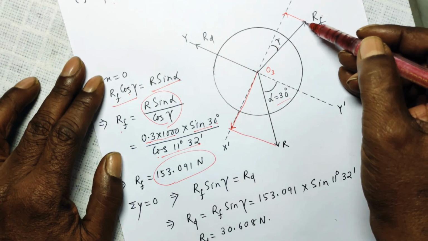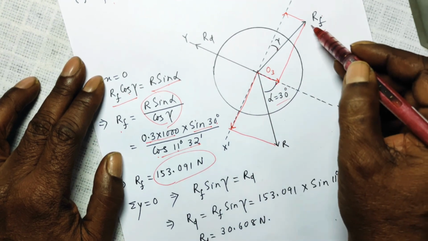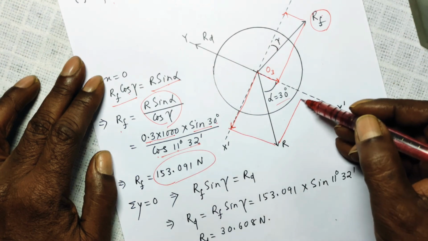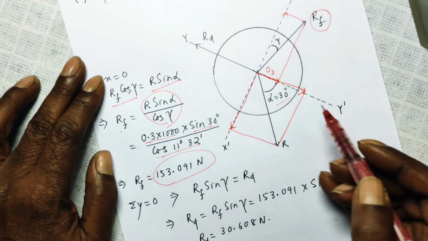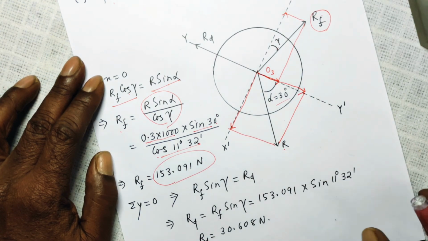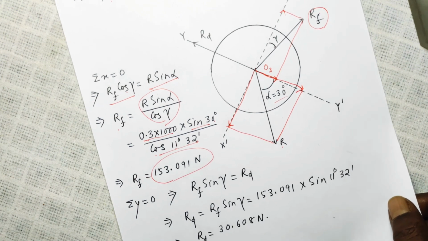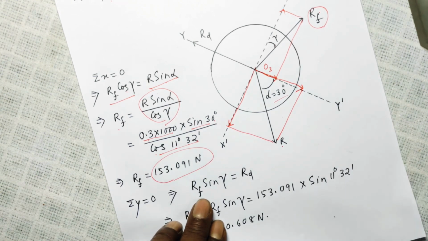Now if you drop a perpendicular from here, this part from here to here will be your RF sine gamma, and from here if you drop a perpendicular here, this length from here to here will be your R times cos alpha.